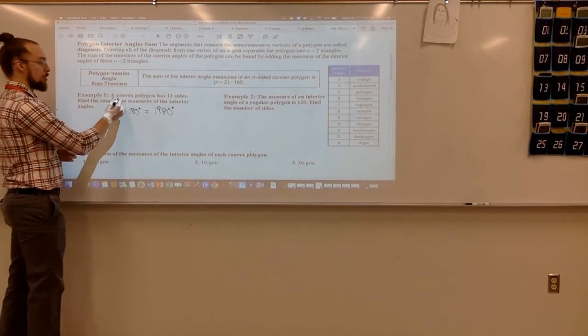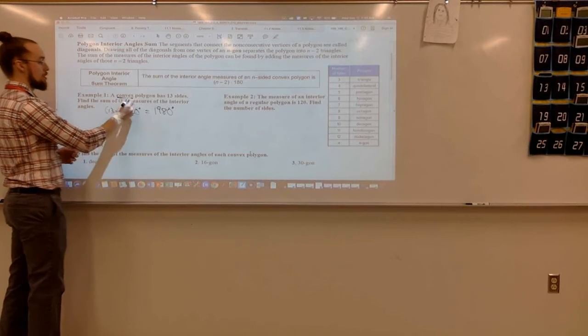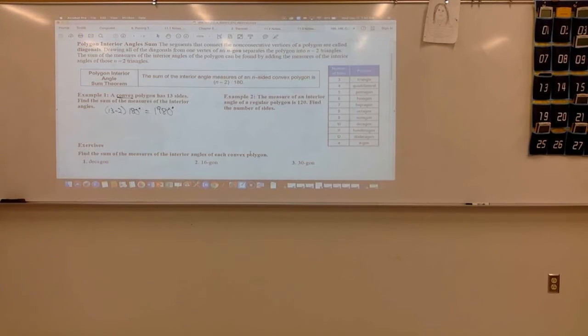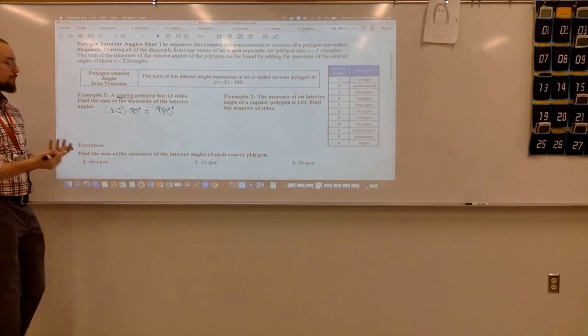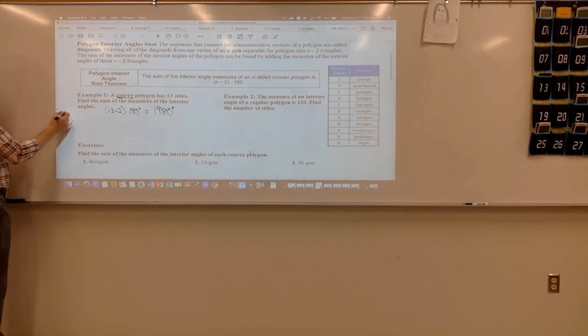Now, there is another word in here, convex. What does convex mean? Well, concave. Essentially, concave means a shape caves in on itself. An example of a concave shape would be something like that.